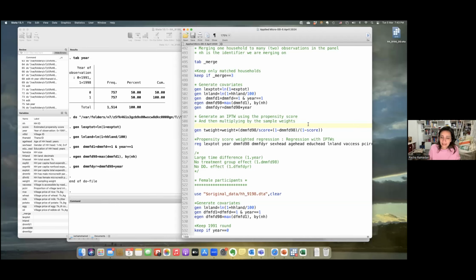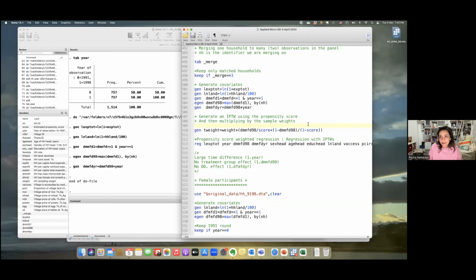And we said that with PSM, we can use it in 2 ways. You can create these P-score values and use them to match between the different observations, then compare the outcomes of the matched observations. Or we can use this p-value to calculate a weight that we use in our regression, where we just include a dummy variable for the intervention. This was what we saw together last Tuesday.